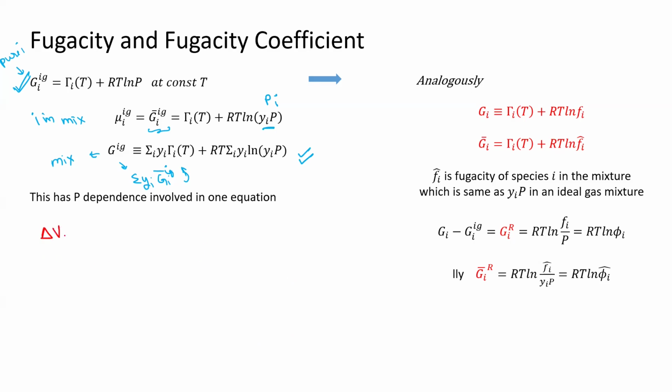So delta V mixture in IG is equal to 0. Delta H mixture in IG equals 0.